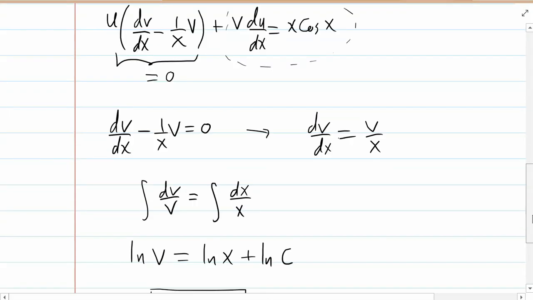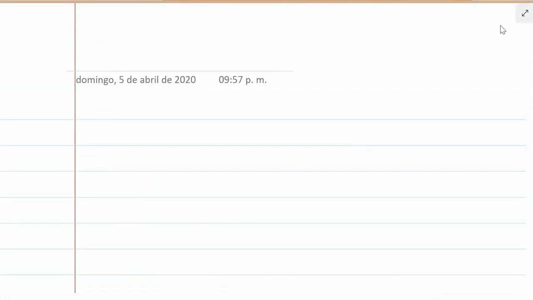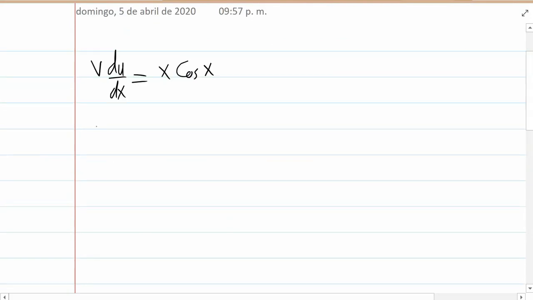So this function will fulfill the required property that this term is 0. So now we solve the other side. V du over dx equals x cosine x. And we had that v is actually equal to cx times du over dx is equal to x cosine x.